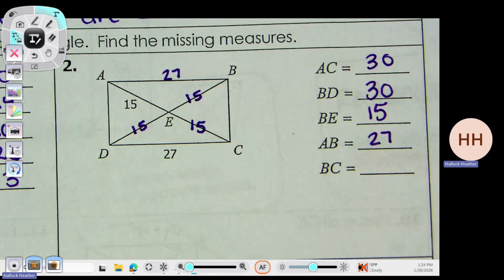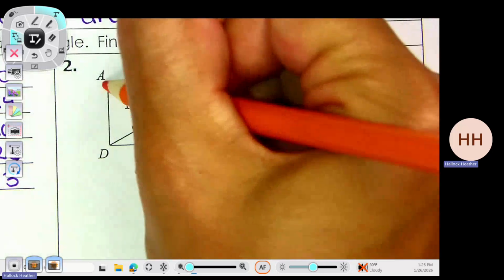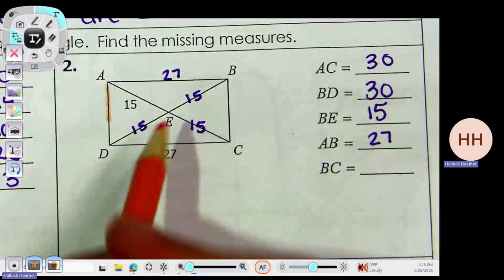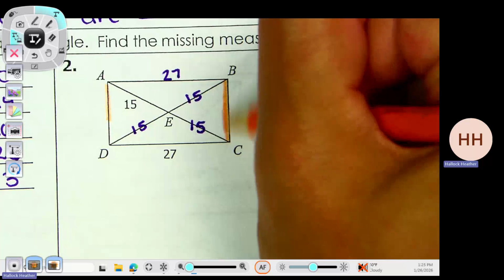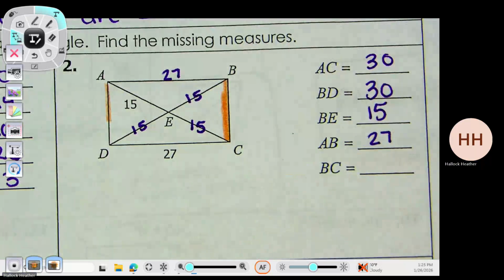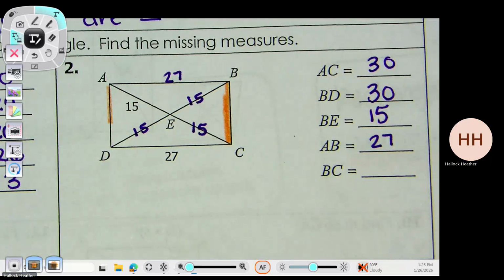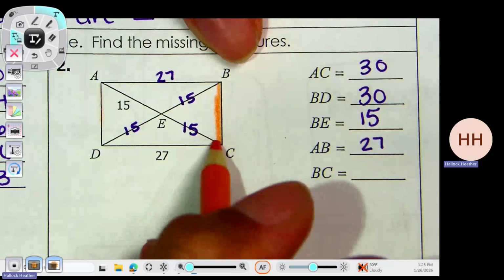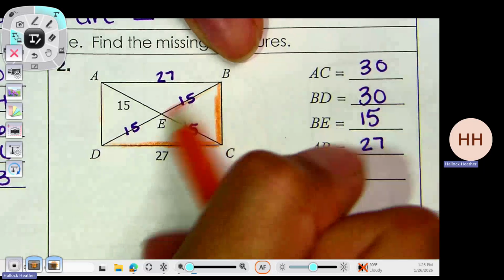BC. Okay, so for B, BC is here. I'm making a right triangle. This is the height of the triangle. This is the base. I have the hypotenuse.